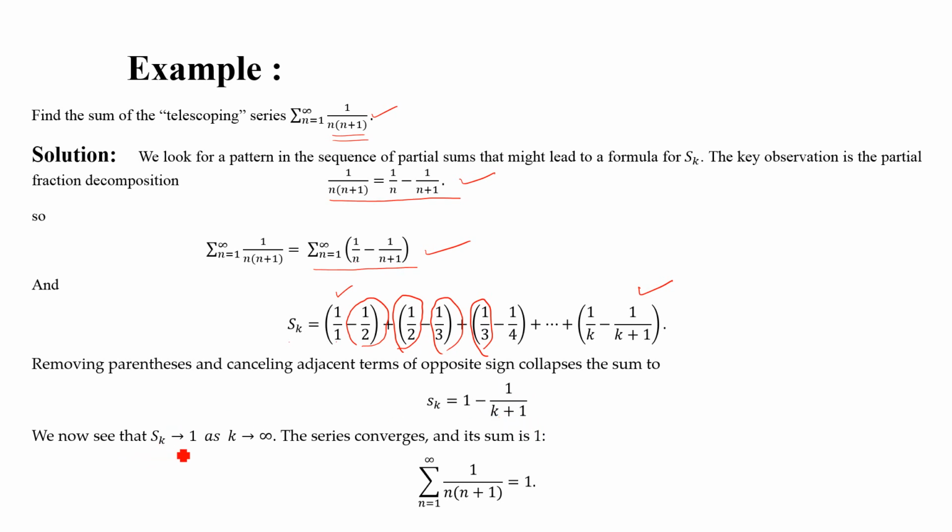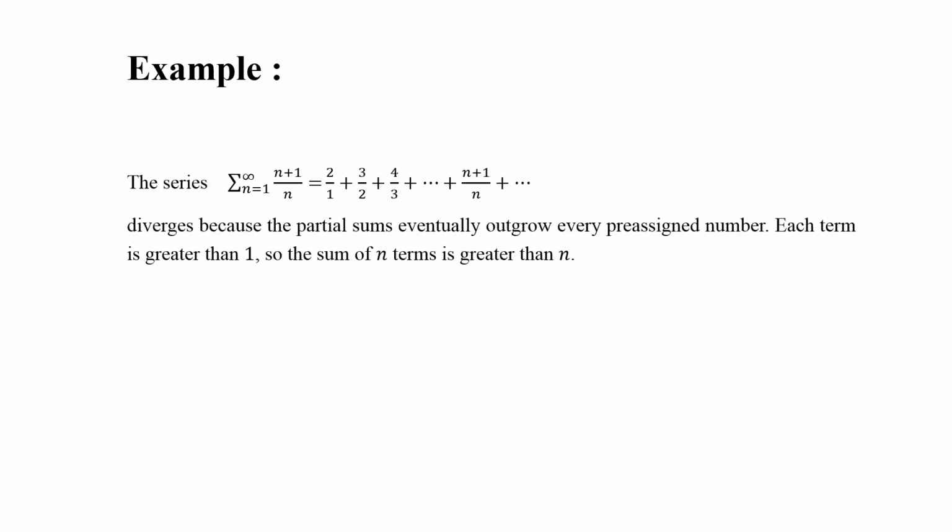And now as k approaches infinity, sk approaches 1, we can observe that. So if the kth partial sum converges, it means the series is convergent, and this limit is equal to the sum of the series. So this is how we can find the sum of the series.